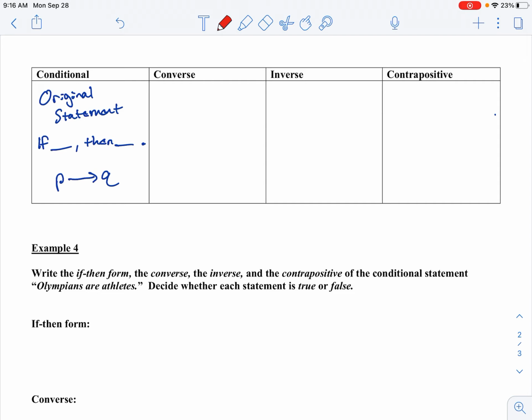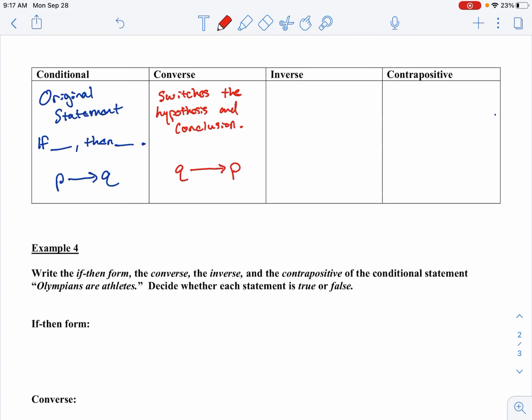So for the converse, for example, it takes the original statement and it switches the hypothesis and conclusion. And by switching it, I literally mean it takes them and switches their spaces. So instead of saying if P, then Q, it says if Q, then P.